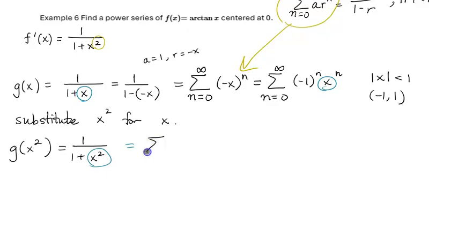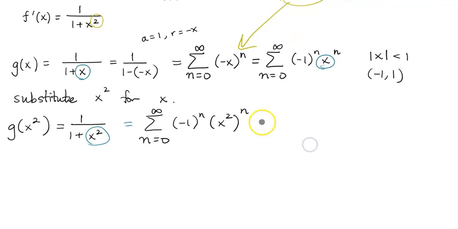So this now becomes the series from n equals 0 to infinity of negative 1 to the n, x squared to the n, which is now the sum from n equals 0 to infinity. We still have the negative 1 to the n, and x is now raised to the 2n power.